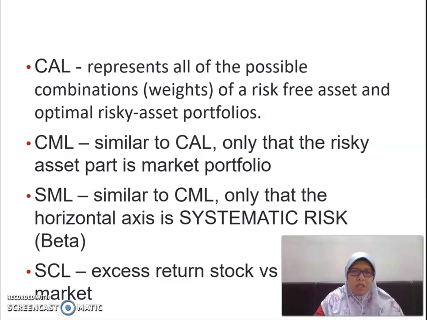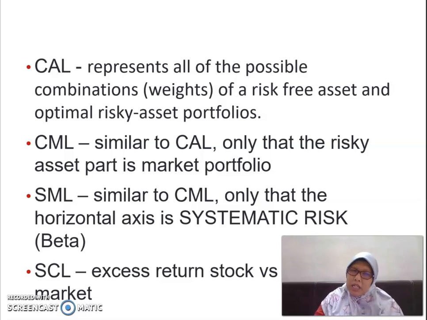And then CML. CML is basically similar to CAL, only that the risky asset part is the market portfolio. In CML we get the optimum portfolio at the tangent point that intersects between the CAL and the efficient frontier.